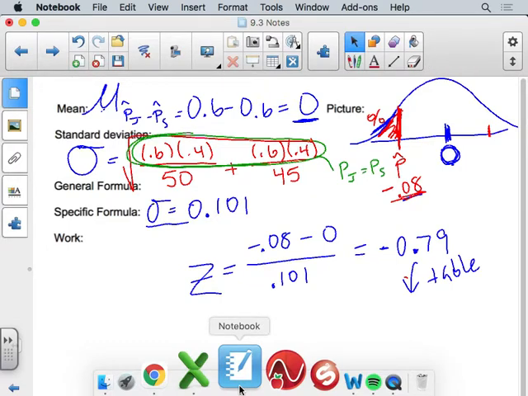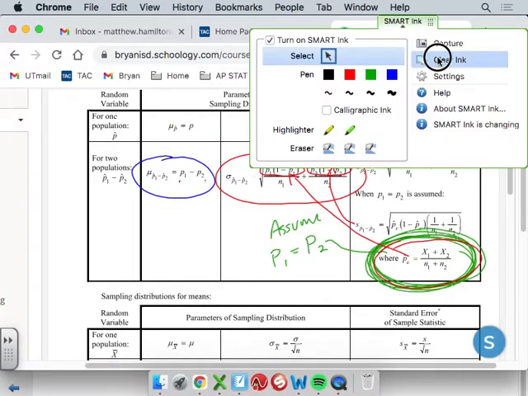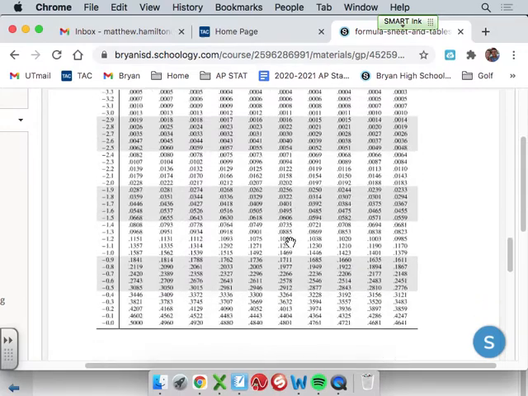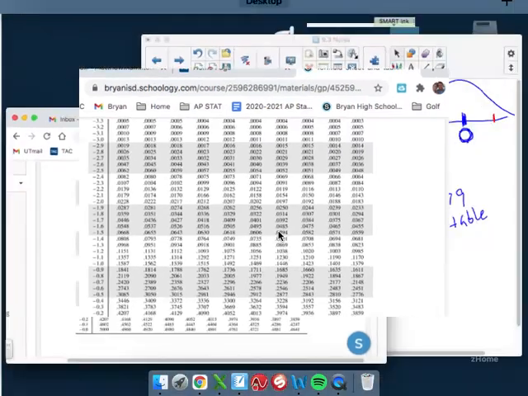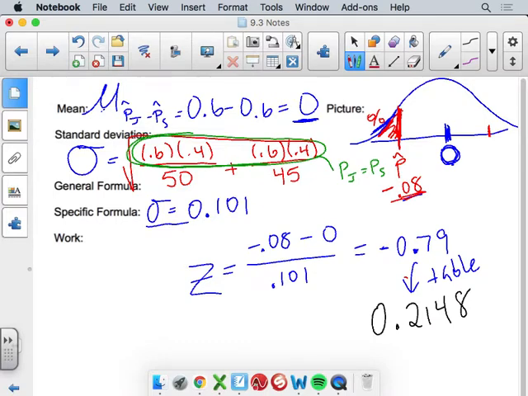We look up negative 0.79, and I think it's 0.2148. That's the probability of this happening, less than.